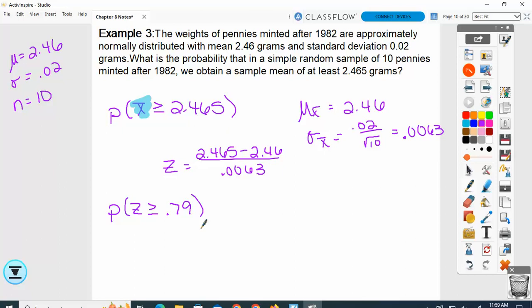How do we do greater than on our table? Okay, so look up 0.79, and the probability there.